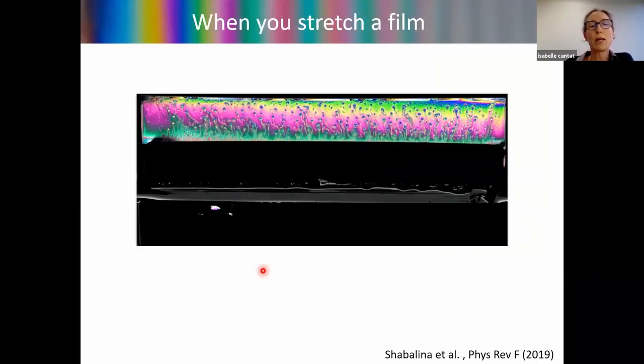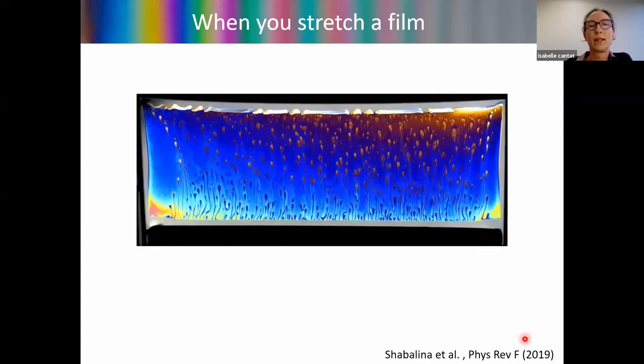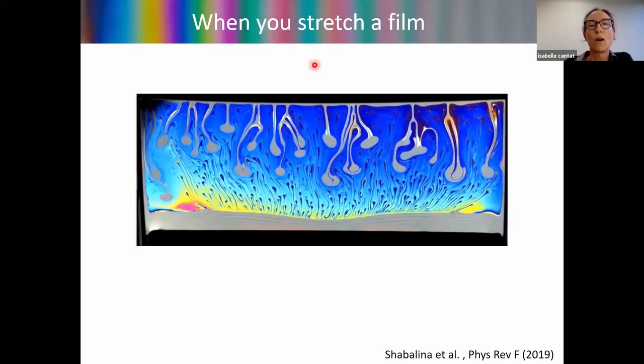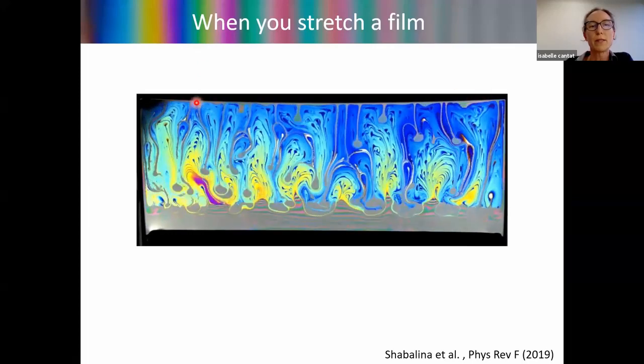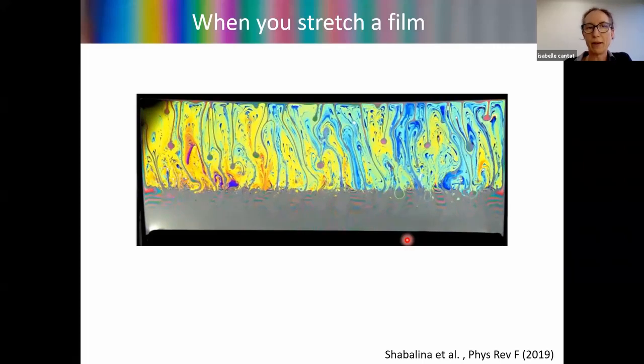So here is what you see once you stretch this vertical film. Here you see the free meniscus, that's the moving meniscus, and this is what happened in the film.